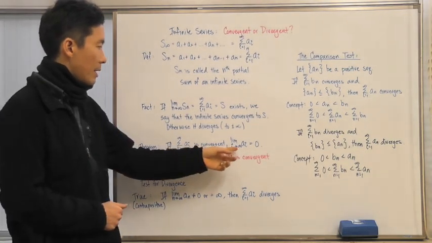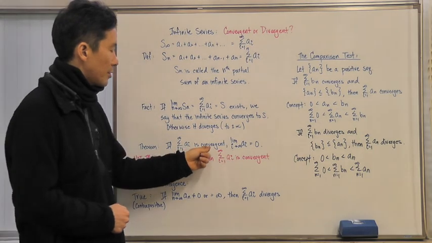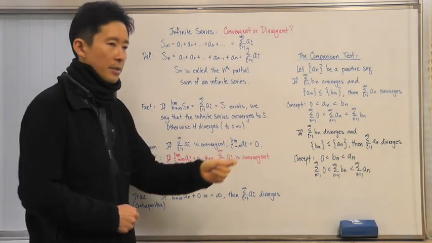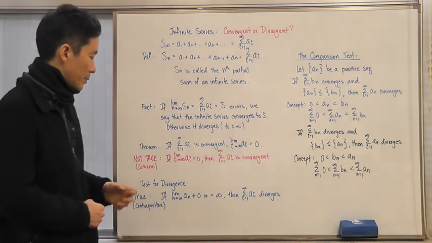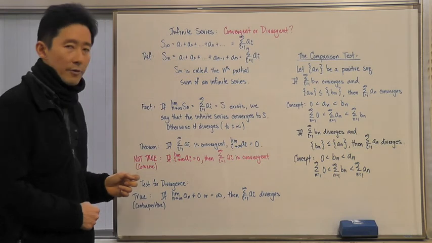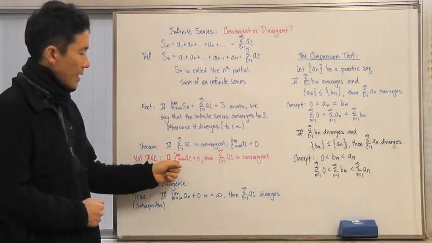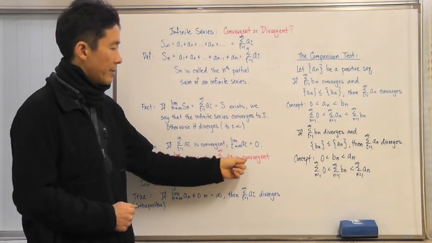So saying that the infinite series is convergent means that the sequence has to converge to 0. The thing we have to be careful of is that we cannot assume that the converse is true, because it is not. If the limit as i approaches infinity of a sub i is equal to 0, it does not follow that the infinite series is convergent.